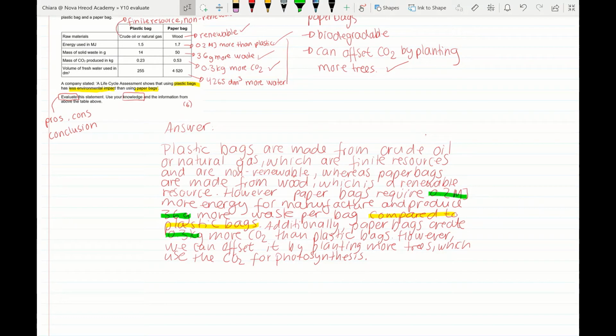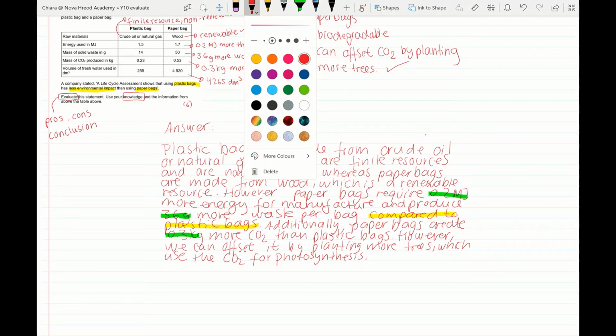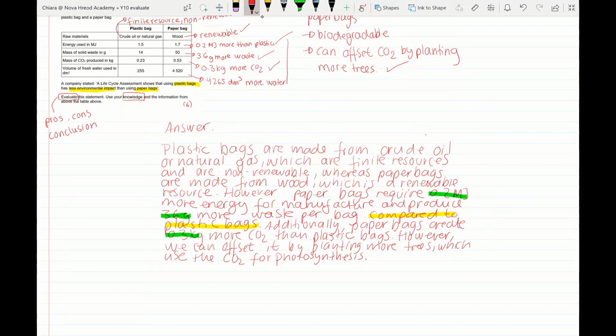Or you can say that you disagree with it because all of these are not as important as the raw material being renewable. Or you can also say that you can't really agree or disagree with the statement because you don't have enough data to make up your mind, because obviously you've got a lot of points for and against paper and plastic bags. Okay, so I'm just going to go with the agree statement, but again, as long as you can back up your answer, any answer would be accepted.